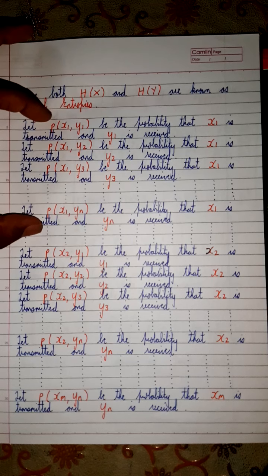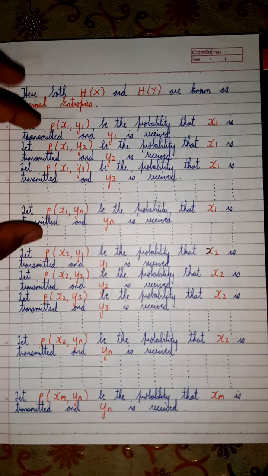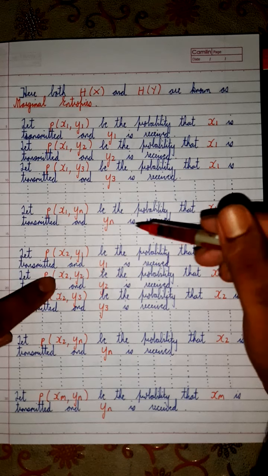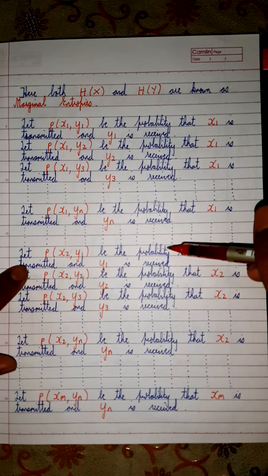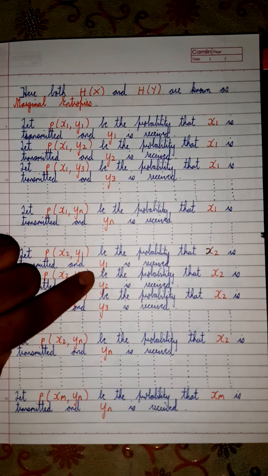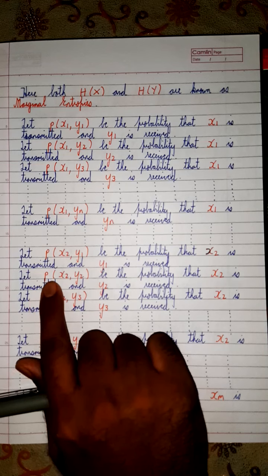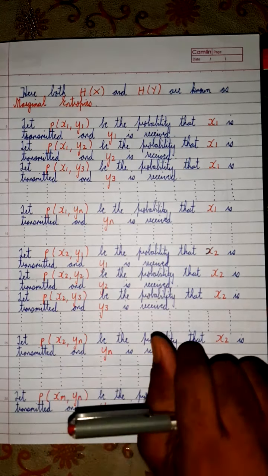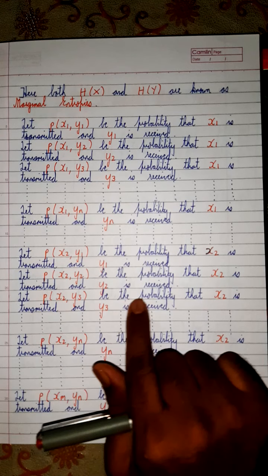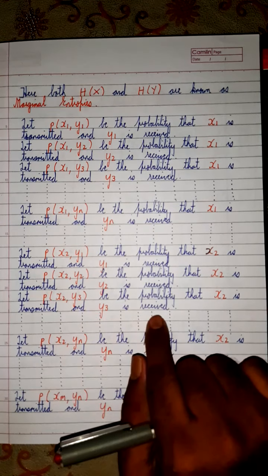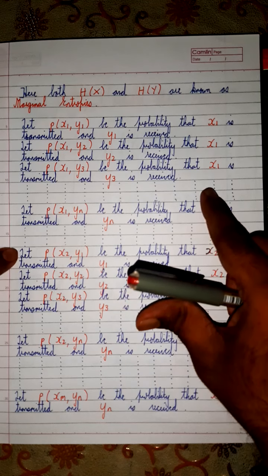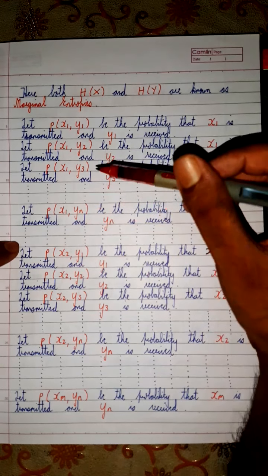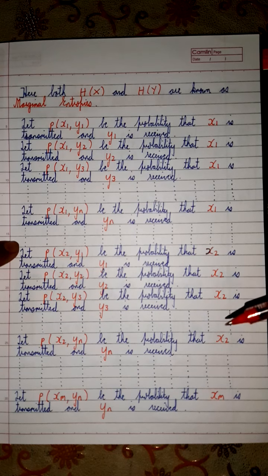Now in the same way, I go to the next symbol, which is x2. Here also, let P(x2, y1) be the probability that x2 is transmitted and y1 is received. Likewise, let P(x2, y2) be the probability that x2 is transmitted and y2 is received. Let P(x2, y3) be the probability that x2 is transmitted and y3 is received. And the same way it goes through all values of x and all values of y.